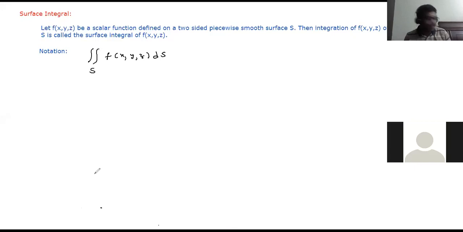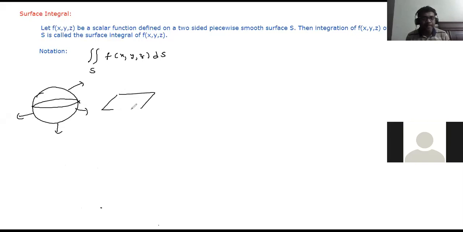So my surface can be like this, where the direction of the normal changes continuously, or the surface can be like this, where there is no change in the direction here, but from here to here there is a sudden change in the direction.